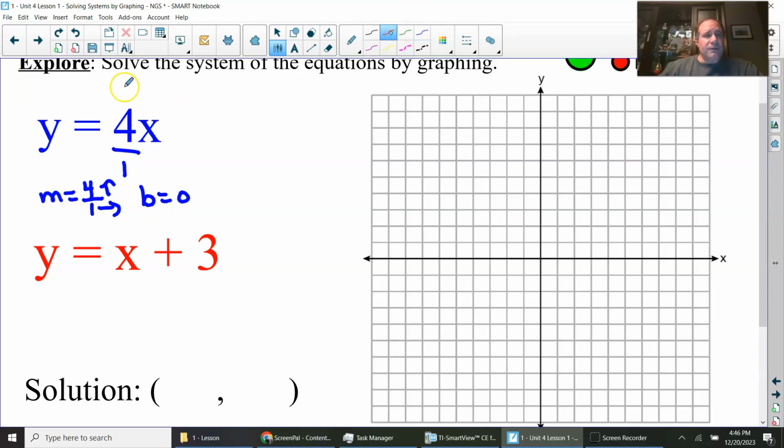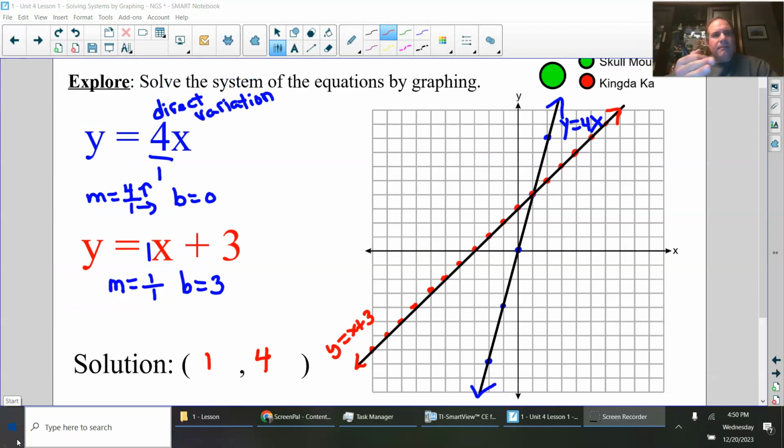When it goes through the origin and it's a linear function, this is a direct variation. So it'll start at 0, 0, and it'll rise 4 and run 1. This one right here is m equals 1/1. That's the slope. And then the b is 3. So go ahead and graph it, and we'll come back and you just take a look. You could press pause now.